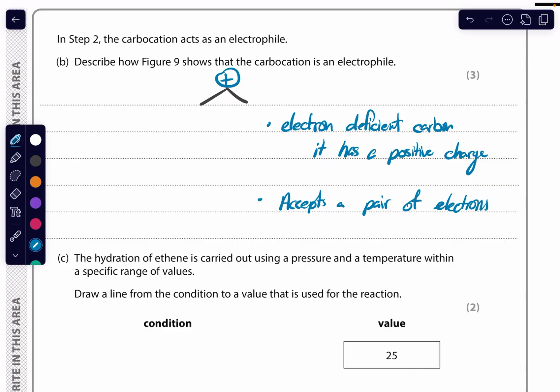Now, truthfully, these are the only 2 marks that I actually gained, because for me, that is what an electrophile is. It's something that's electron deficient and accepts a pair of electrons. That's it. The 3rd mark, after looking at the mark scheme, is because it forms a covalent bond.